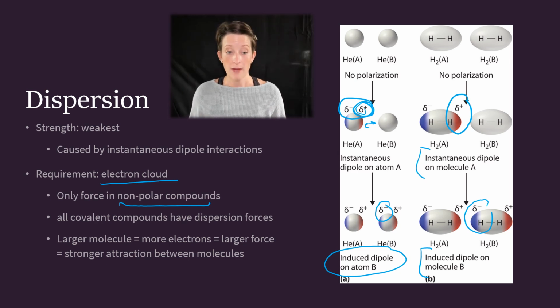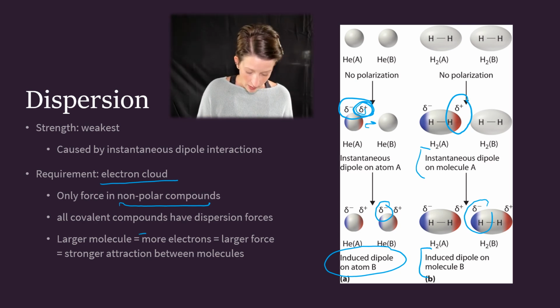All covalent compounds have dispersion forces because they all have electrons. However, the amount of electrons you have will help increase those instantaneous and therefore induced moments to bring molecules together and change state from gas to liquid or solid. So the larger the molecule, the more electrons.